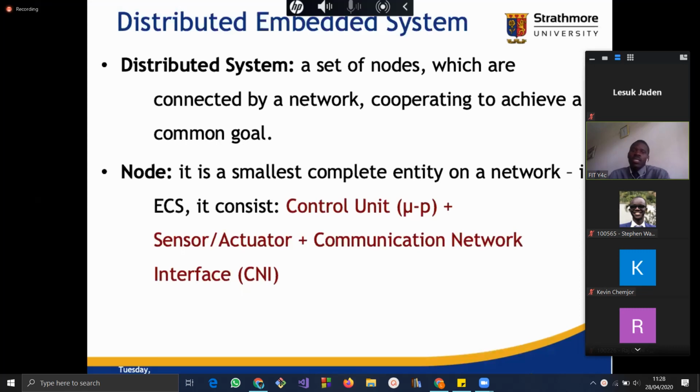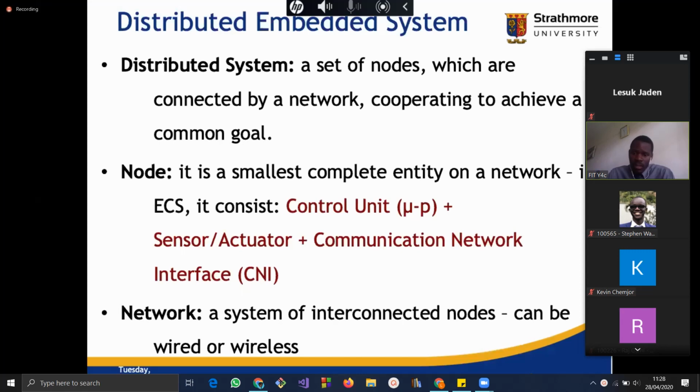So that is a node in a distributed system. Then a network is a system of interconnected nodes. These definitions are in the context of a distributed system. In another context, they might mean something else. But in this context, this is how we define a distributed system.